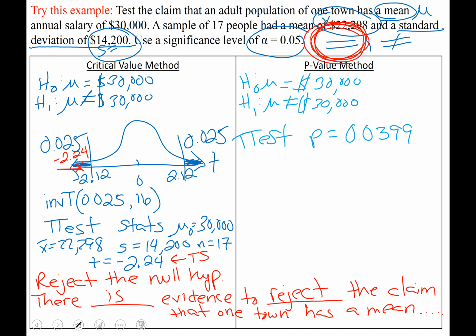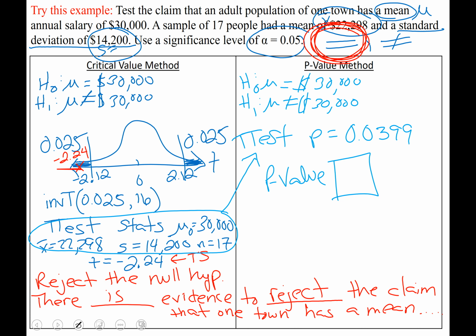If you cleared your calculator screen, you'll run the t-test again using all the inputs that we did right here. So this would all be inputted into that test. Okay, the next thing we do for the p-value method is compare the p-value to the significance level, alpha, which in this problem is 0.05.